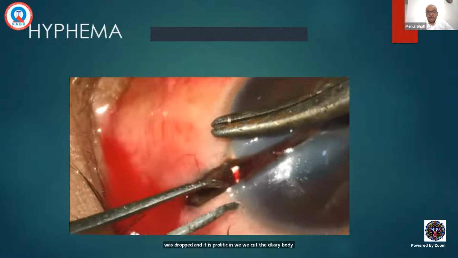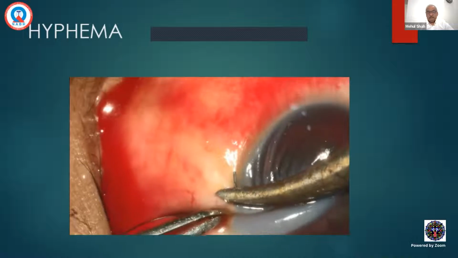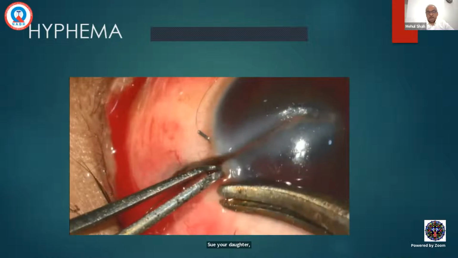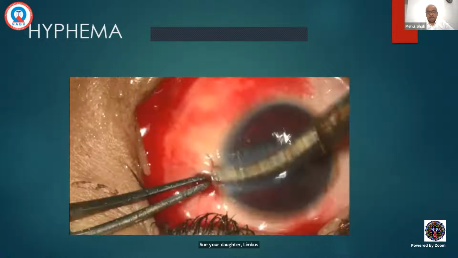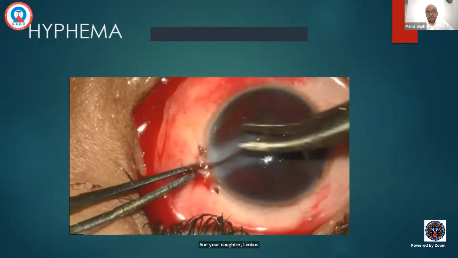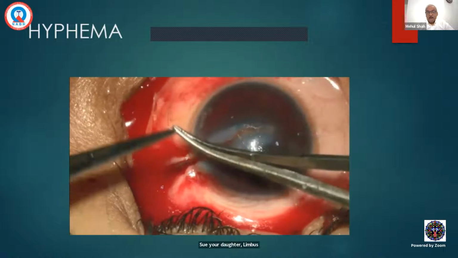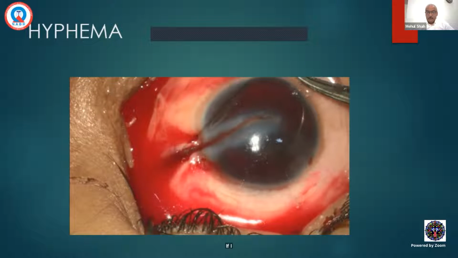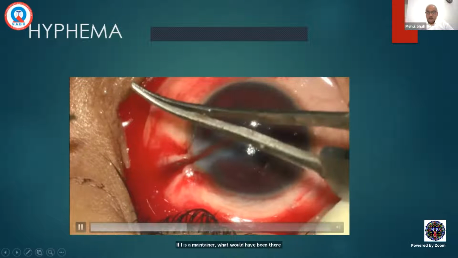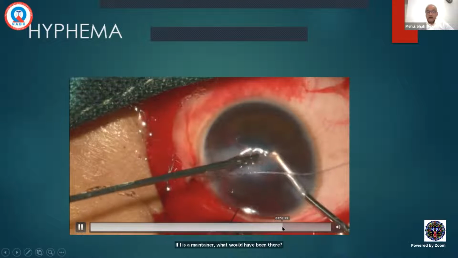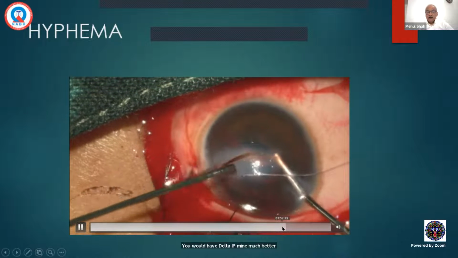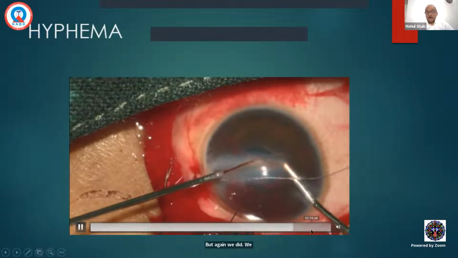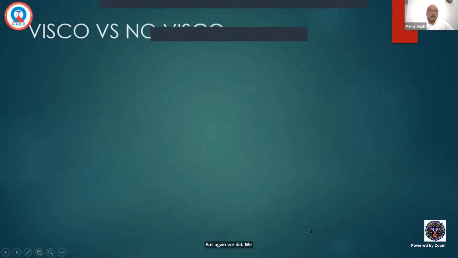Sutured at the limbus. If an AC maintainer had been there, we would have dealt with the hyphema in a much better manner. But again, we removed the hyphema.